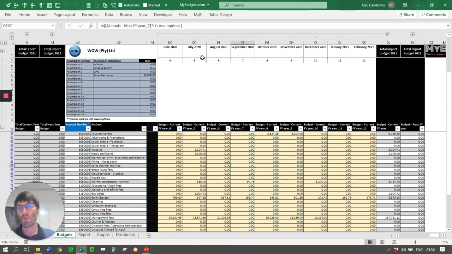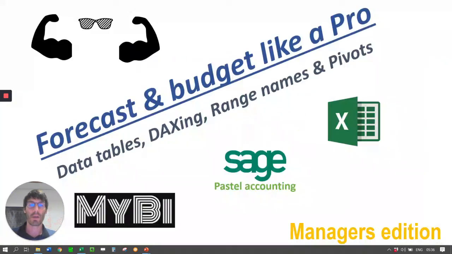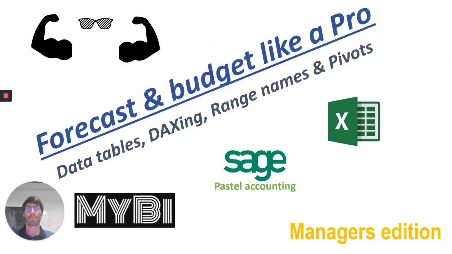And using range names, these are range names, named cells. And then the last one is looking at pivots and pivot graphs to help you combine and bring together all this information so that you can literally have a look at what the answer will be before you start importing it into your ERP system.